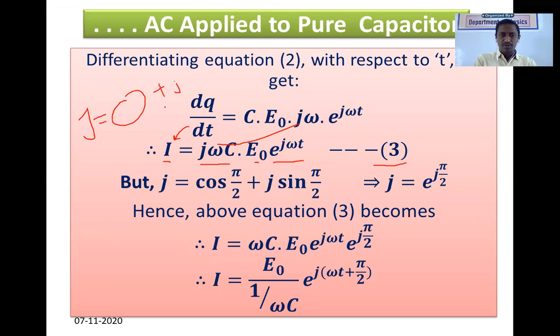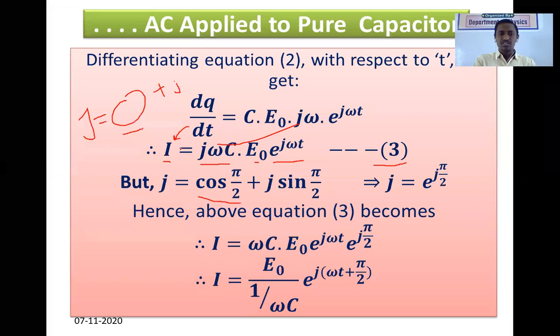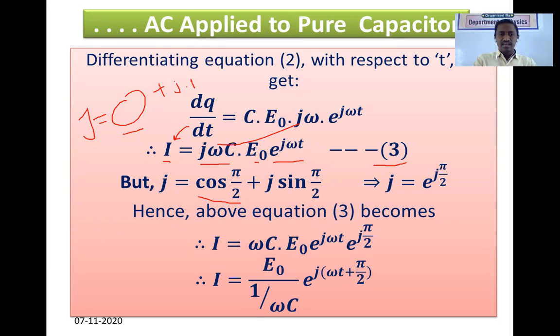In place of 0, I have substituted cos pi by 2, because cos of 90 degrees, that is cos pi by 2, is 0, plus j as it is into 1. We can write j as 0 plus j into 1. In place of 1, I have written sin pi by 2, because we know sin pi by 2, or sin of 90 degrees, equals 1.